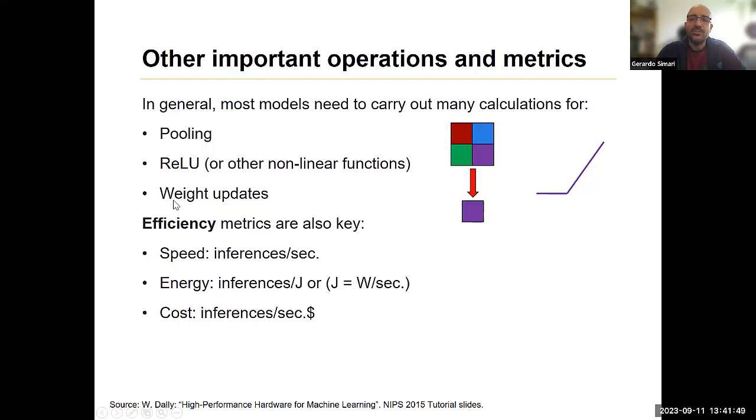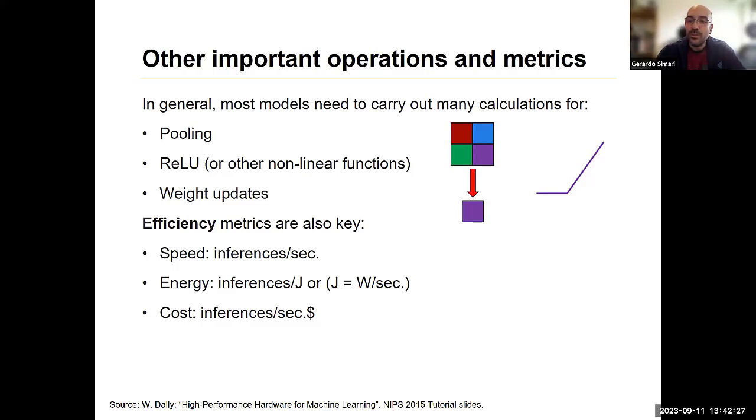So efficiency metrics are pretty important. You have speed, which you could measure in something like number of inferences per second, but you also have these other ones, energy, for instance, inferences per joule, where a joule is a watt per second. And this is, of course, related to power consumption in the sense that you might be paying for power, because that's something you have to buy, but also because it affects battery life, of course.